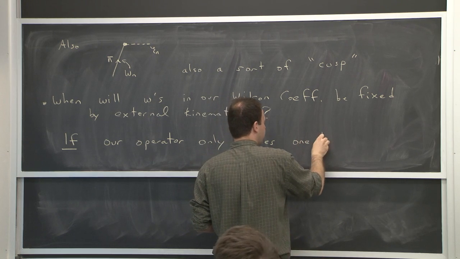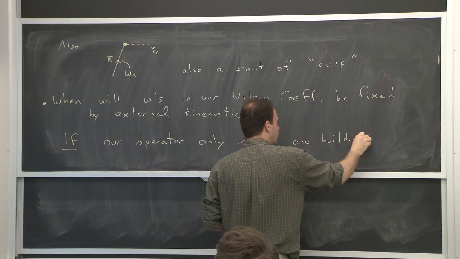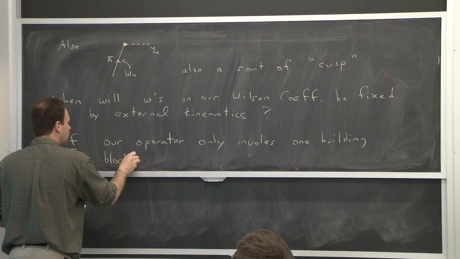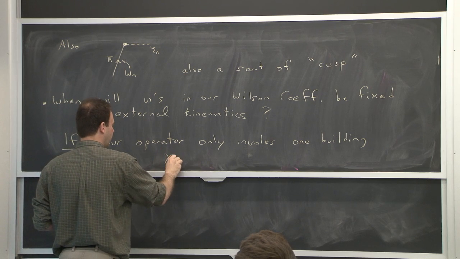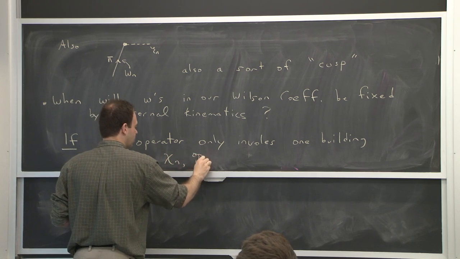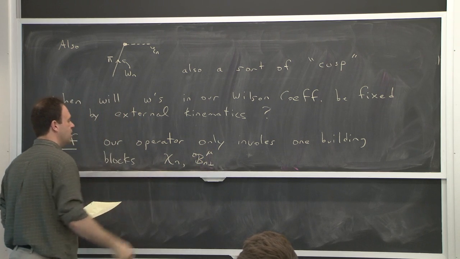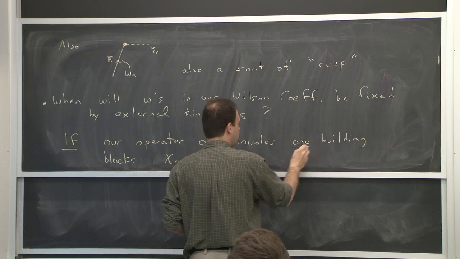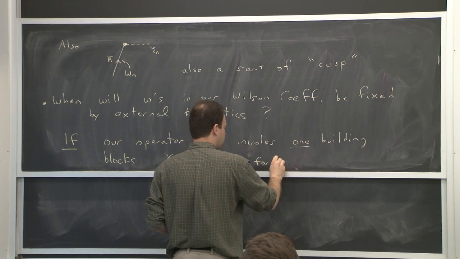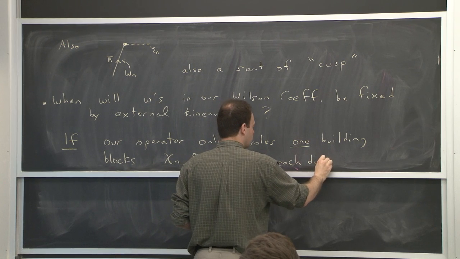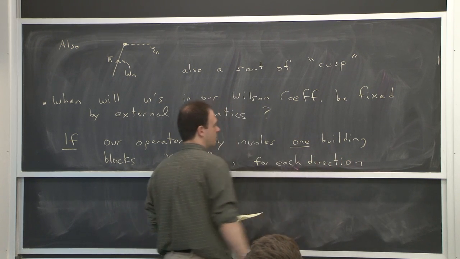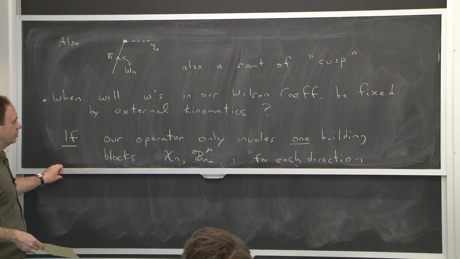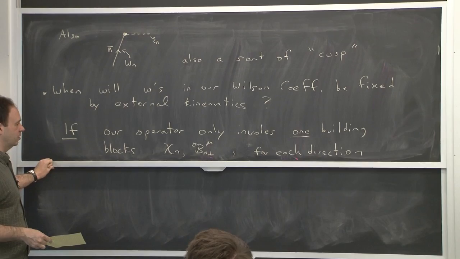So then we could build operators out of all those different collinear fields, and we would do it with our building blocks, which are chi-n or curly Bn for each n. And if our operator only involves one building block for each direction, then it's going to be the case that the value of those labels or those omegas are always going to be fixed by external kinematics.